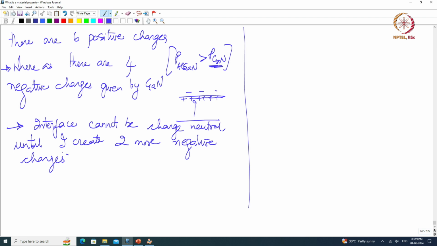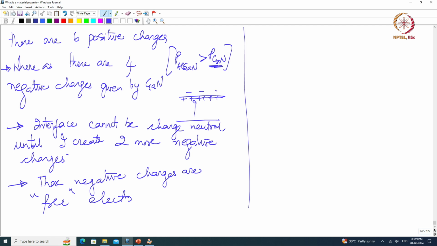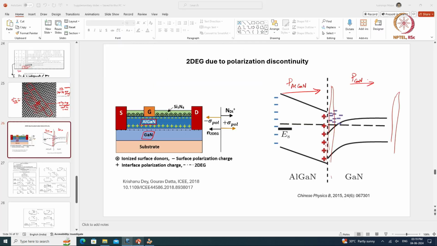Okay. And it turns out that these negative charges are free electrons, because it is not necessary that charge should always be bound, right. So, in this case the bands bend in a certain way.